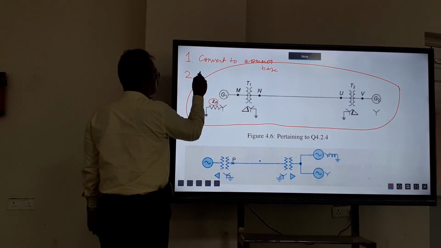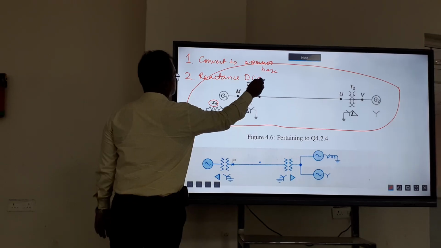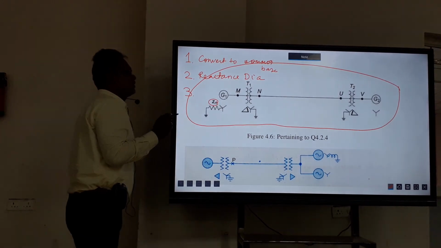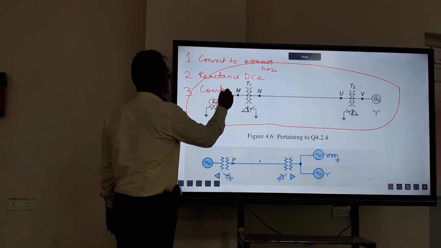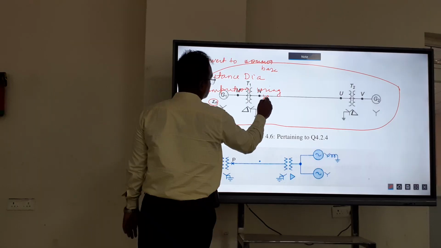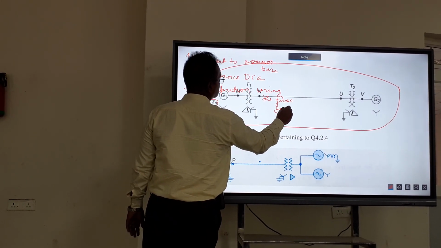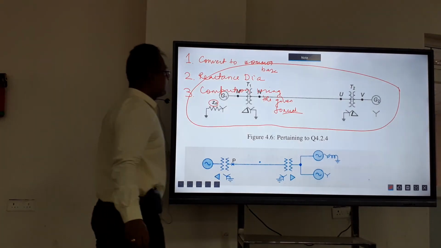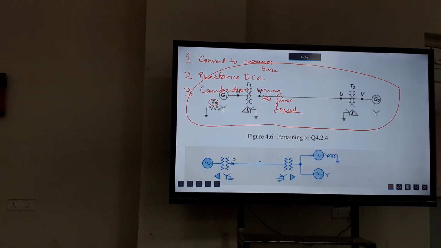Step 2, reactance diagram. And step 3 is computation using the given or relevant formula. Relevant formula means we have written 3 formulas: one for line to ground, one for line to line, one for double line to ground. You have to directly use this formula. That's it.